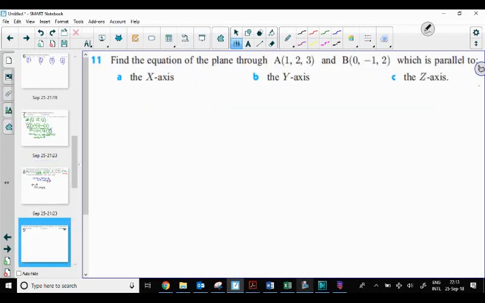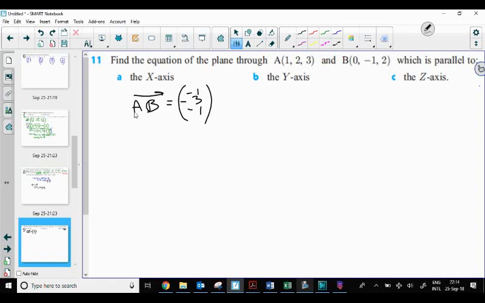Okay, we'll just do one of these. First things first, we've got to find vector AB. Obviously, vector AB is negative 1, negative 3, negative 1. So now I want to find the equation of this plane, and I want it to be parallel to the x-axis.